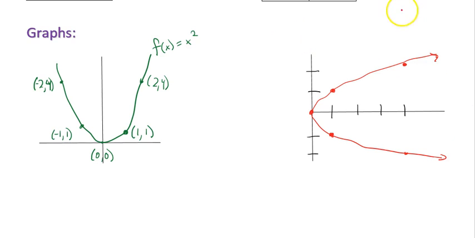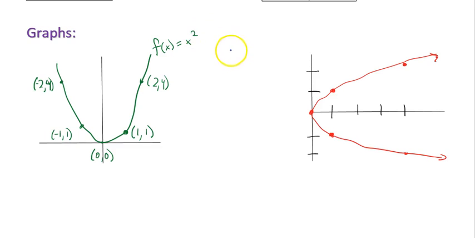Now, the problem here is that this no longer passes the vertical line test. So this is a case where if you do strictly the inverse, it comes out to be not a function. But can you think of what we normally call the inverse of x squared? What will undo an x squared?